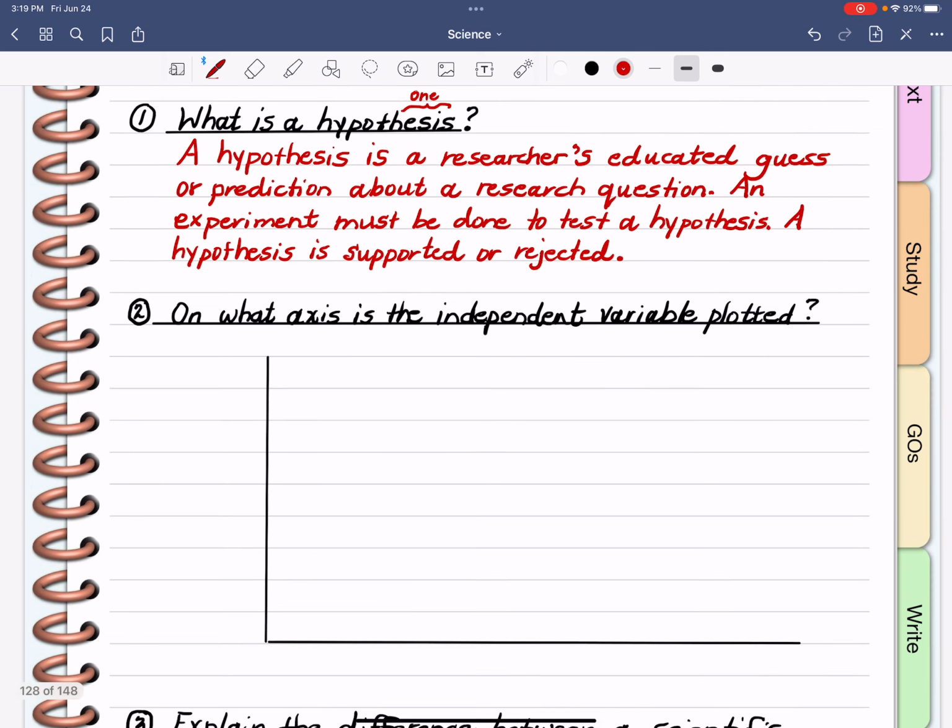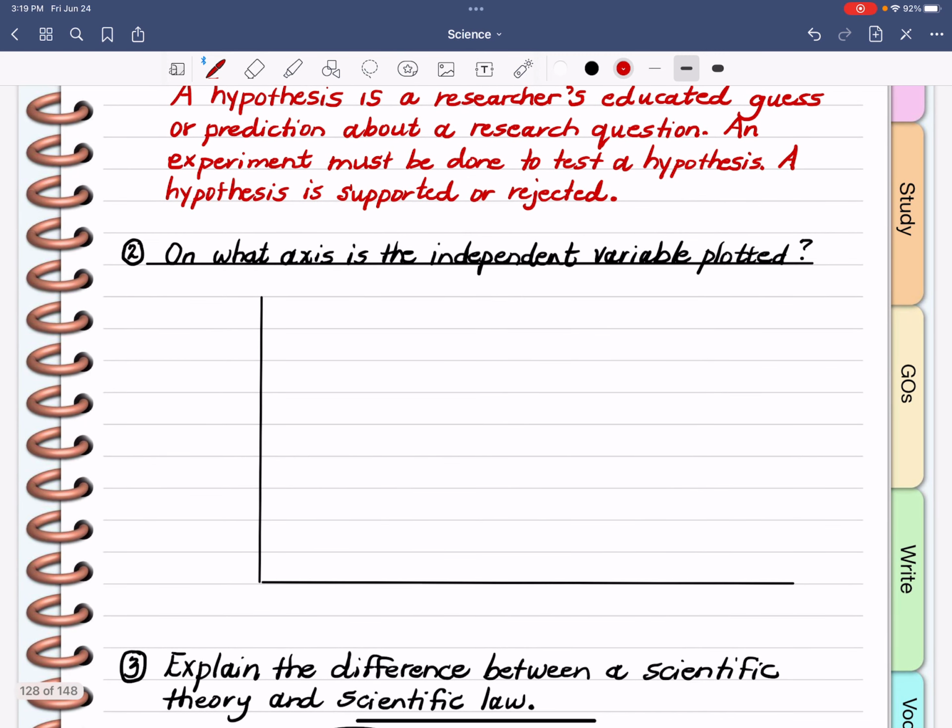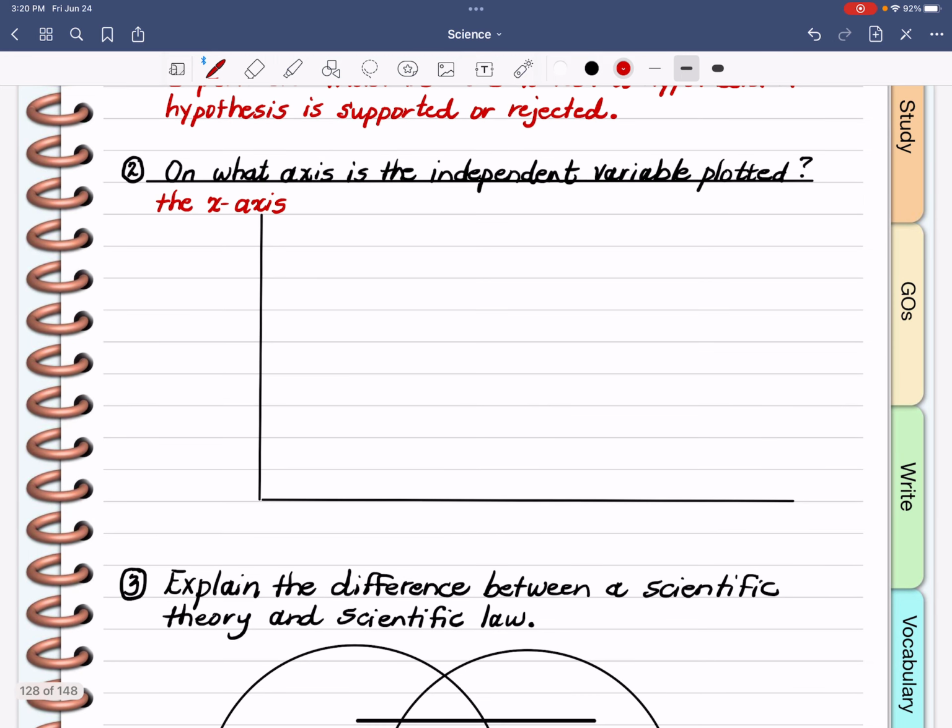Okay, the next question says, on what axis is the independent variable plotted? Well, the easy answer to that is the x-axis. So let's go ahead and answer the question. I'm not going to use a sentence this time because I don't have enough room, but I am going to draw an example for you on this graph.